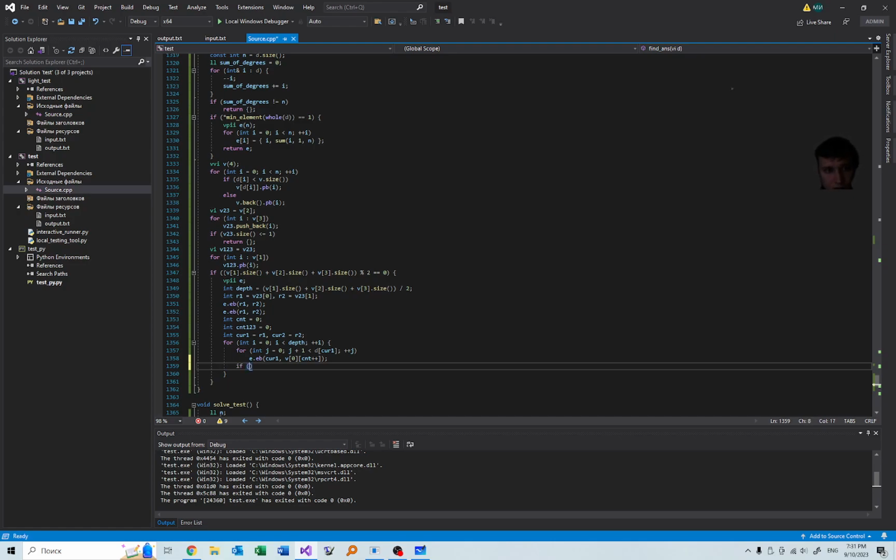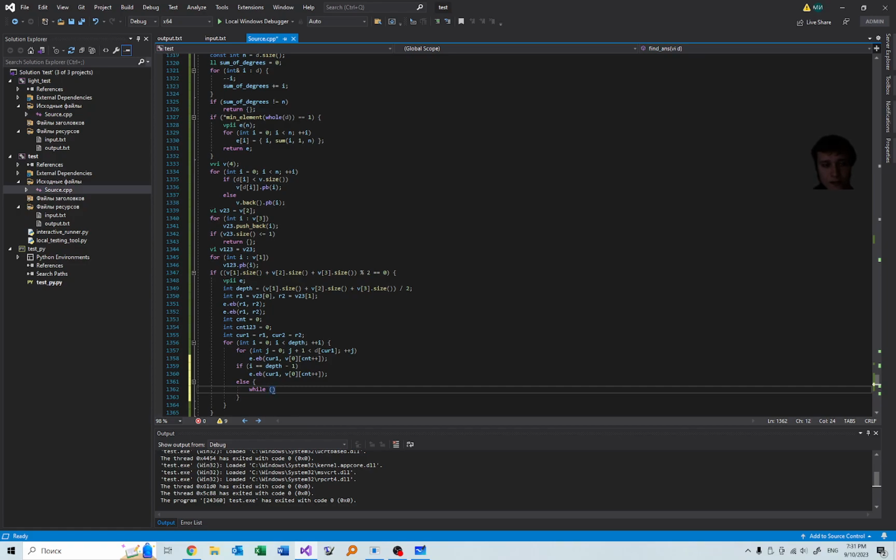Now if i equals depth minus 1, I do it again. However, otherwise I need to find a new vertex.